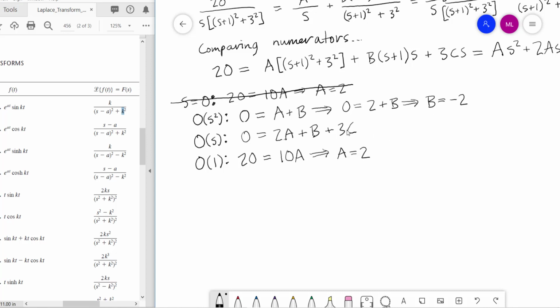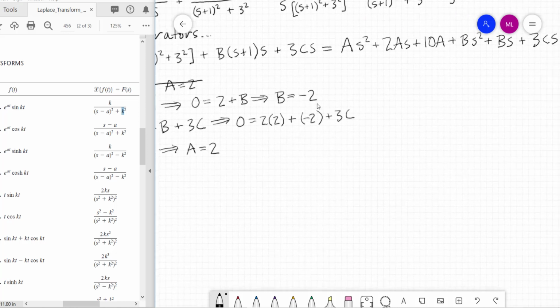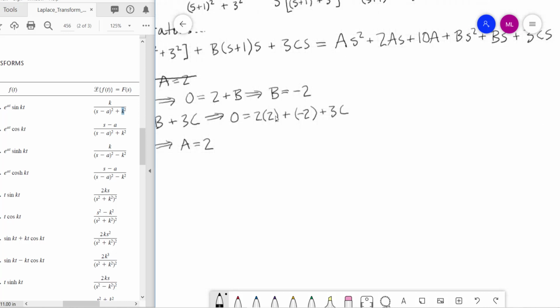And now that I have both a and b, we can come to this equation to solve for c. So this equation now tells me that 0 on the left is equal to 2 times a. So 2a is 2 times 2, plus b, which we just found was negative 2, plus 3c. And that's equal to 0. So now we can solve this one. We've got 4 minus 2, which is 2.